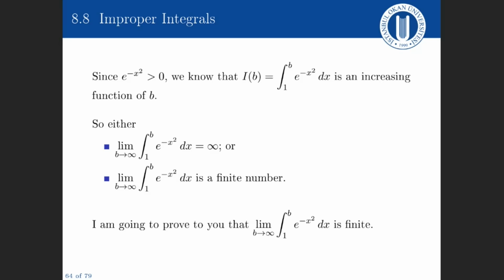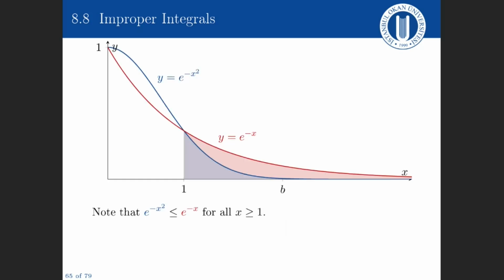I'm going to prove to you that, in fact, this limit is a finite number. Look at the two functions, e to the power minus x squared and e to the power minus x. Now, for every b, I'm saying that the blue area is smaller than the red area.